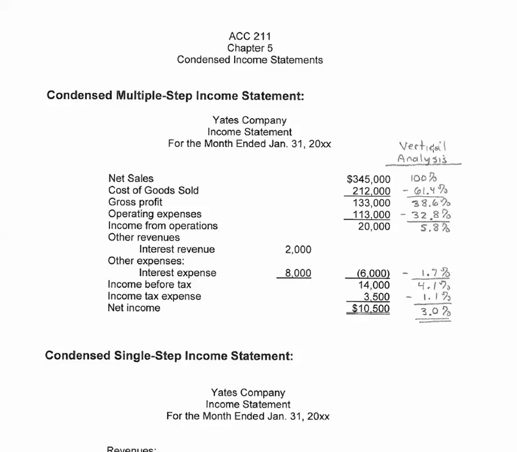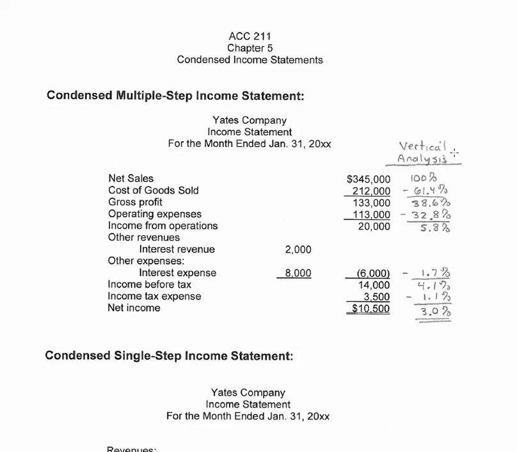Let's look at the same condensed income statement document that we looked at back in Study Objective 4. This time I want to use it to talk about a couple of key ratios that we can use to evaluate the health of a company's income statement. And over here in the right-hand column, I've just written down some numbers, and I calculated what's called a vertical analysis.